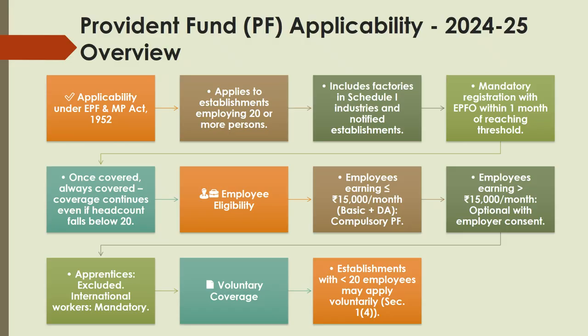Then for international workers also, it is mandatory. Even though your total number of employees is less than 20, you can voluntarily participate under this scheme. So this is the basics of PF applicability.